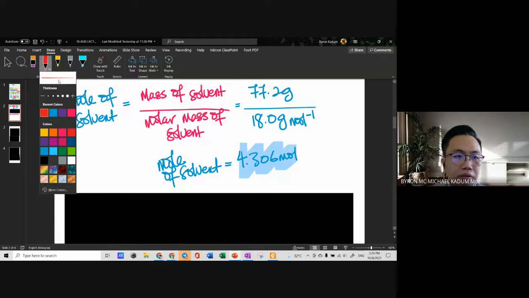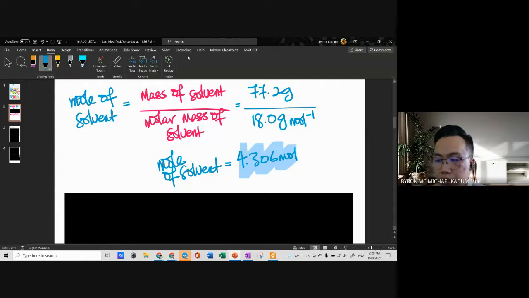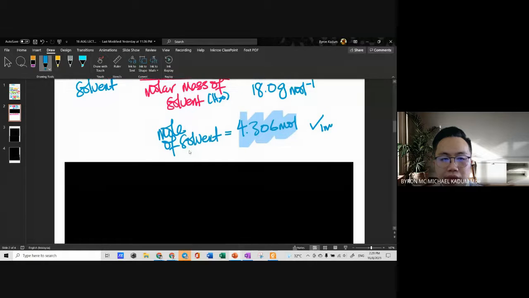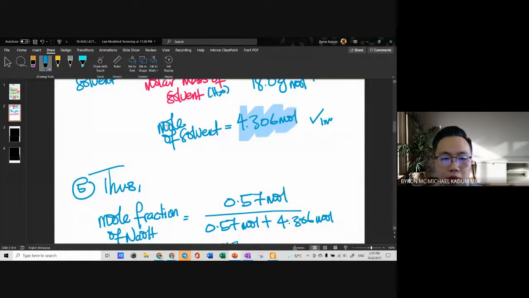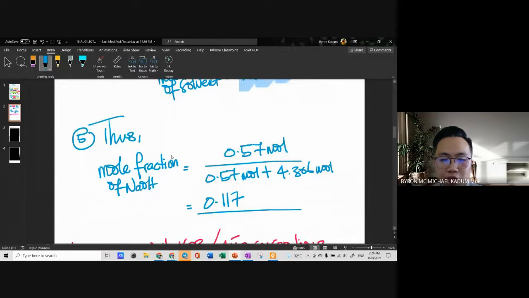Okay, so solvent, we have done that. And then you get the mole of solvent right there. So plug that in to your mole fraction formula, then you get this. Okay.